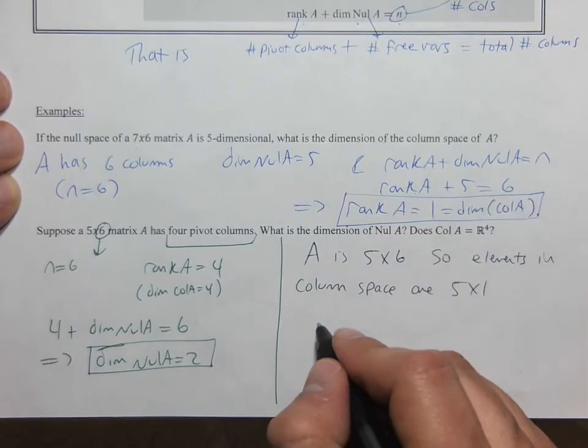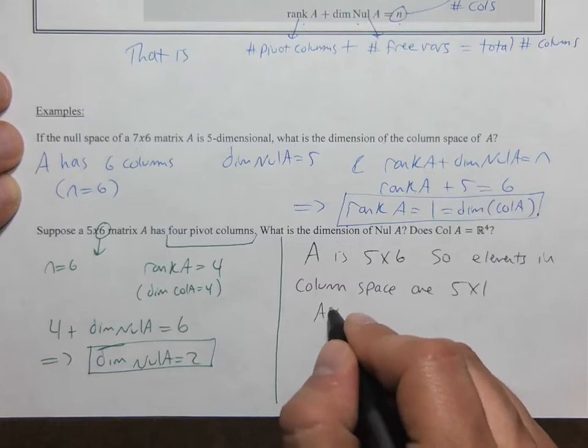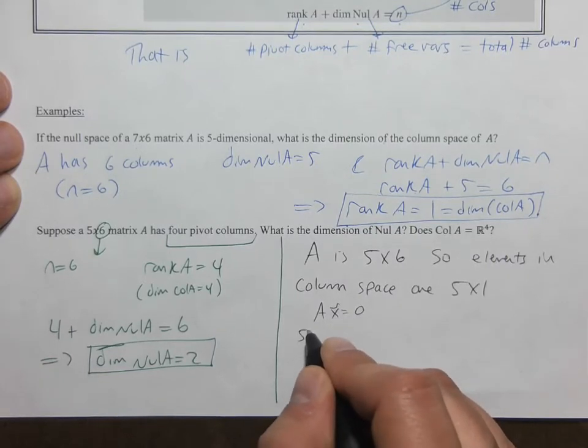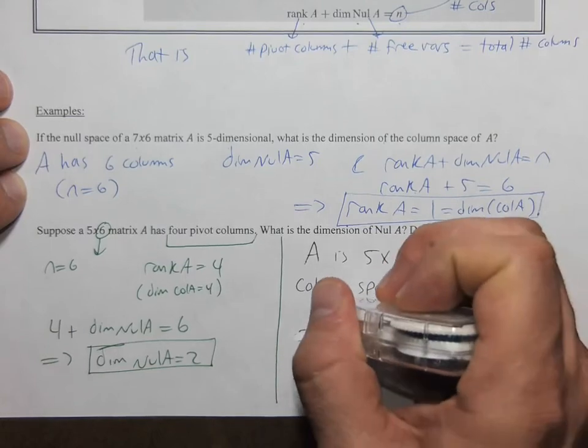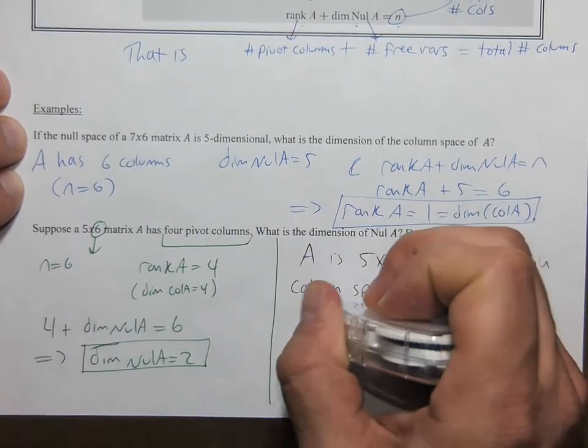Right, because let me just be more clear about that. If you wanted to do A times X and get 0, you're doing a 5 by 6. I'm sorry, I was confusing null space and column space. So if A is a 5 by 6, sorry, I got confused there for a second.